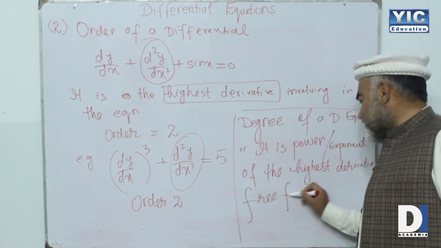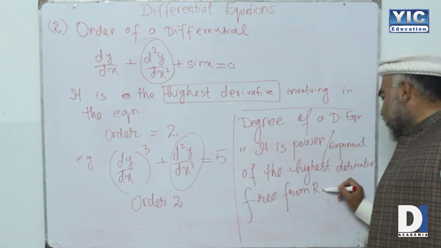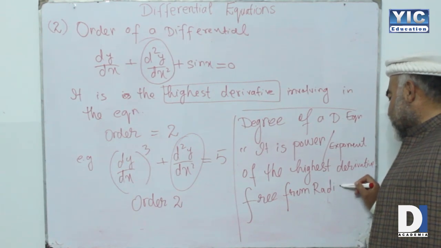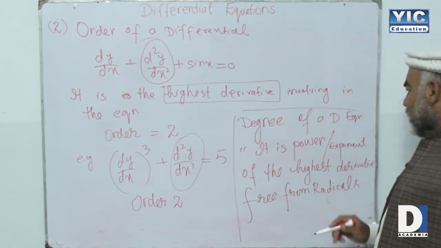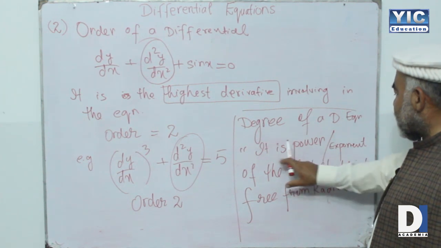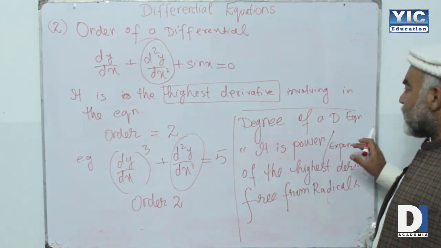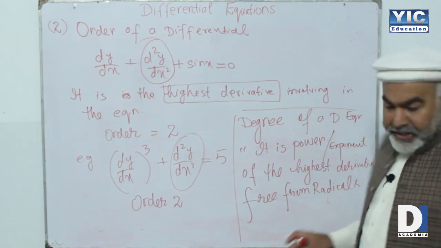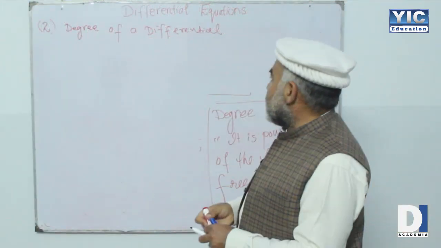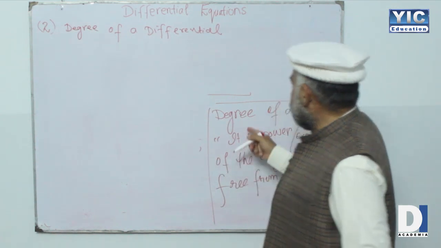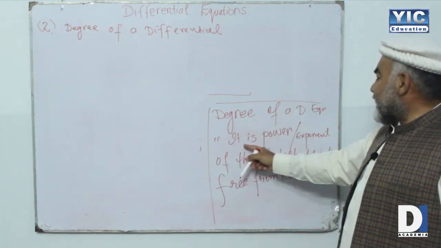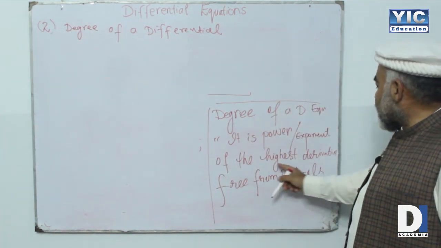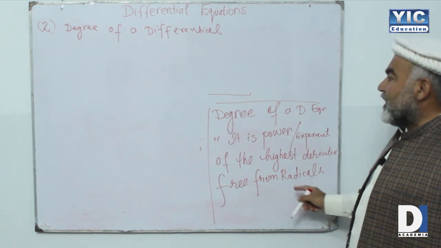Free from radicals. Okay, it is the power or exponent of the highest derivative, which is free from radical. Degree of a differential equation, I told you: it is the power or exponent of the highest derivative free from radical.